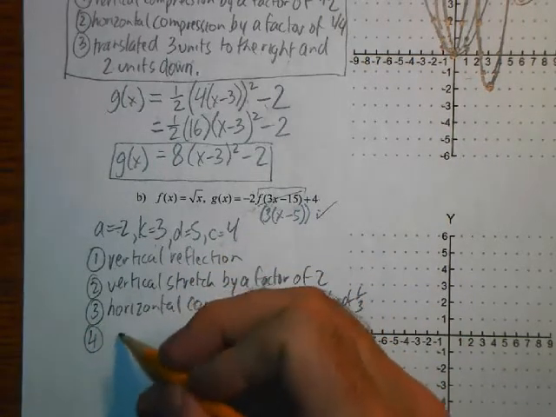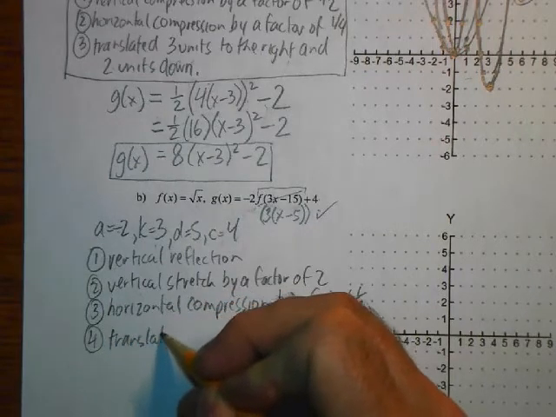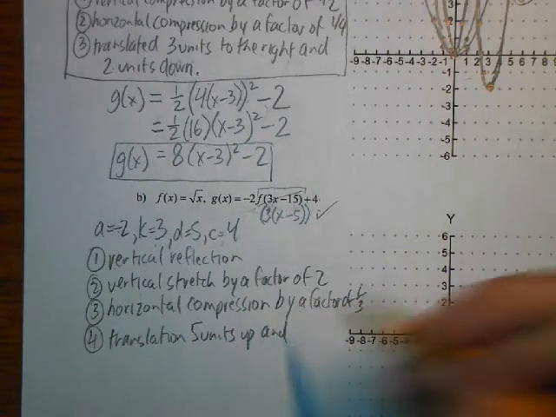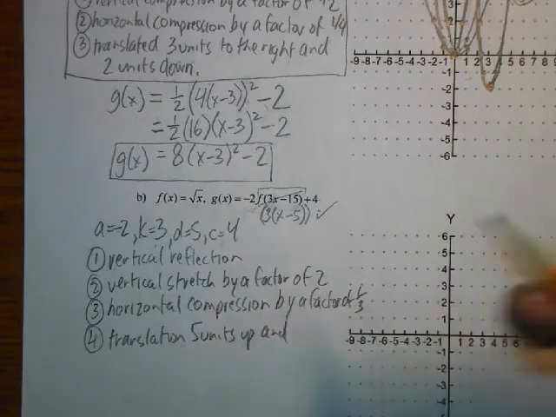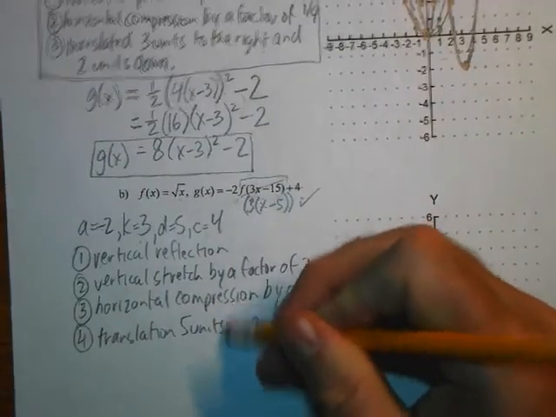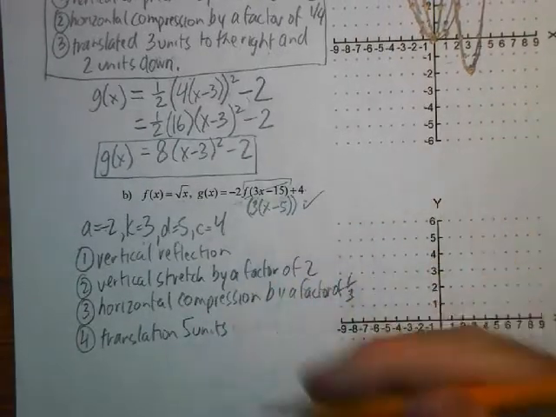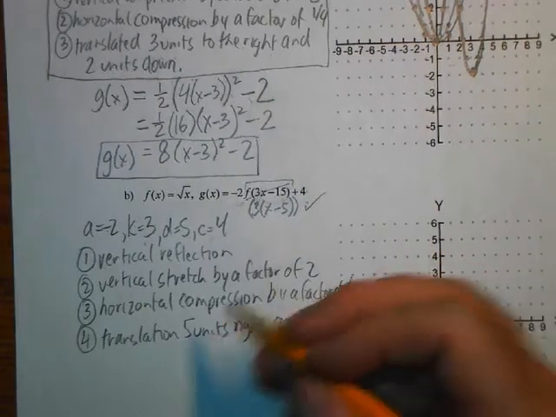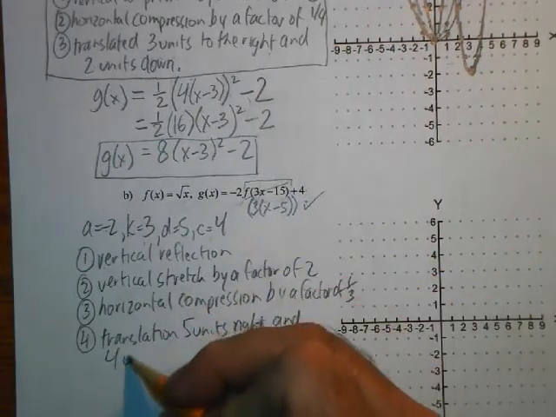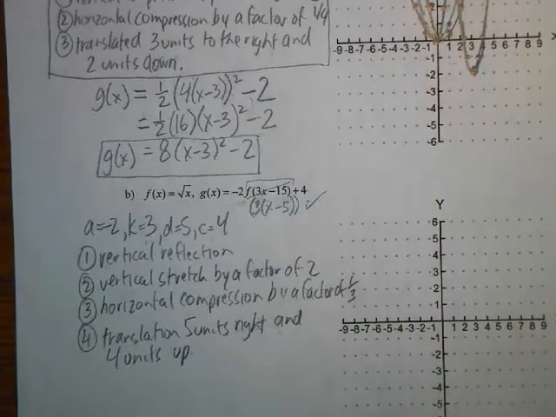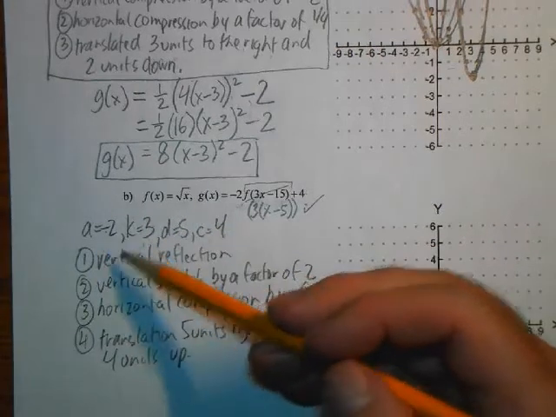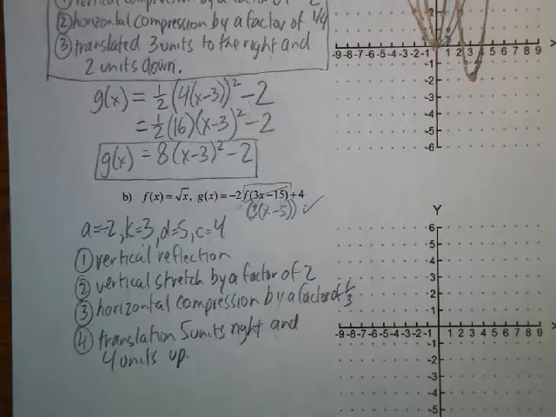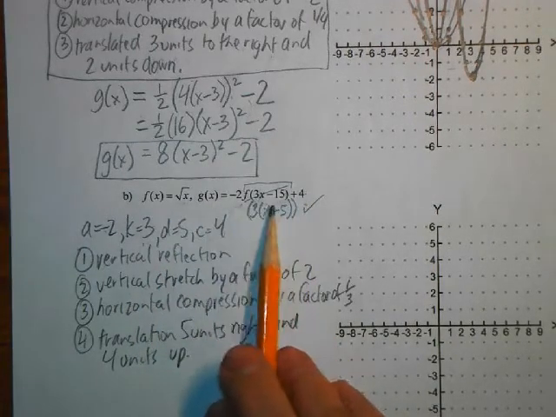So translation 5 units up and, sorry, not up, to the right. 5 units right and 4 units up. Okay, so that's in order. If I took the base graph of square root of x and started applying these transformations, I would get the new graph of this function.